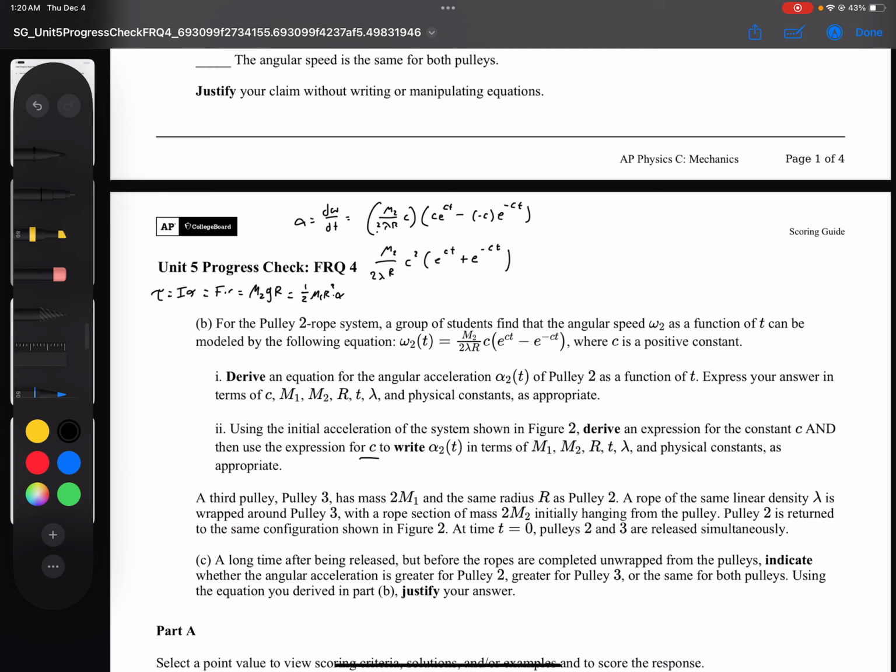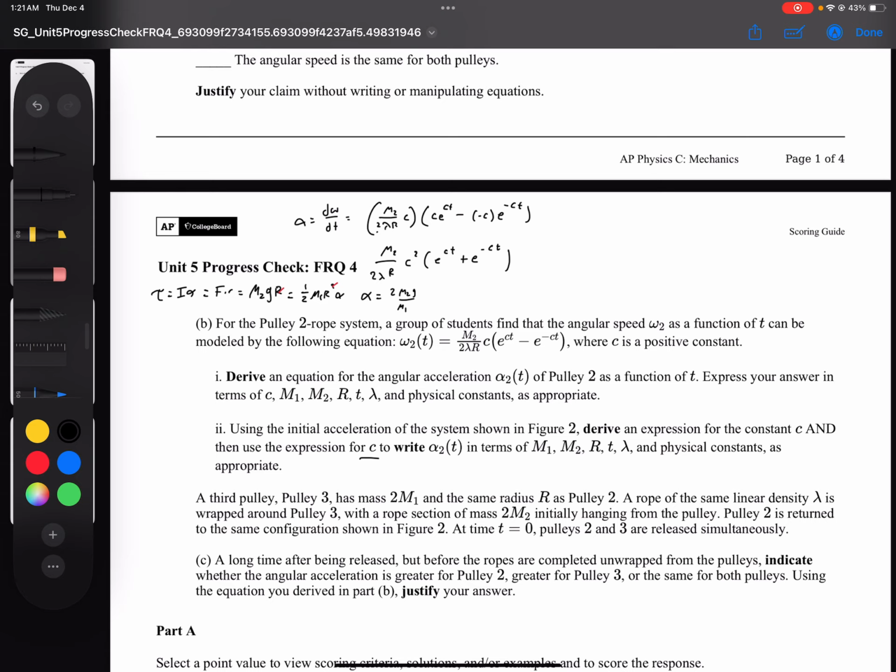So here I have alpha is equal to, so one of the r's is going to cancel out. So one of the r's cancels out from this expression. And then I have alpha is equal to 2m2 times g over m1. All right. So that's my expression for alpha.